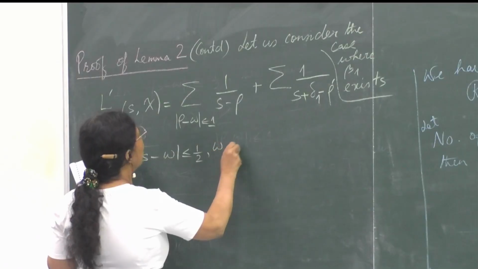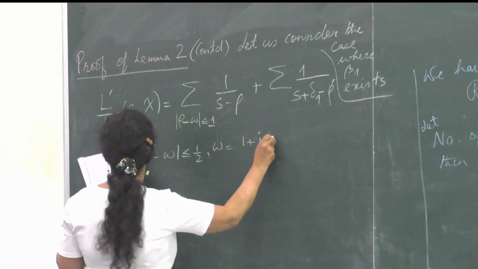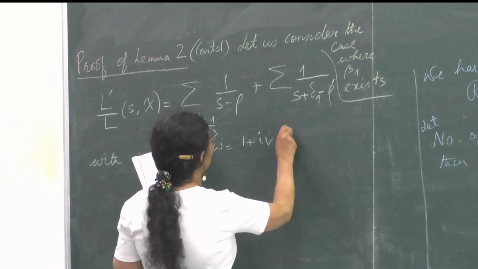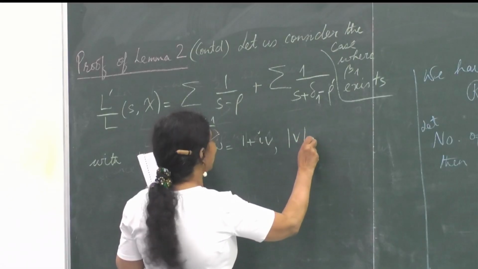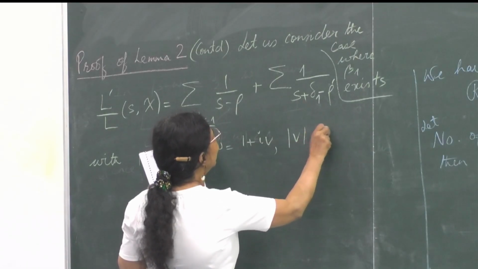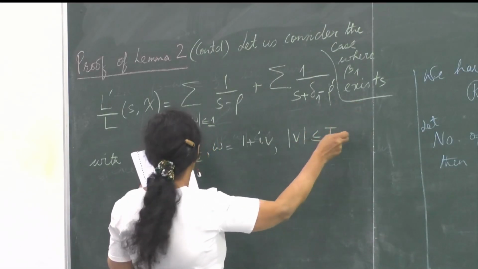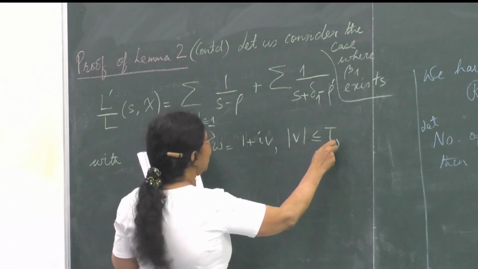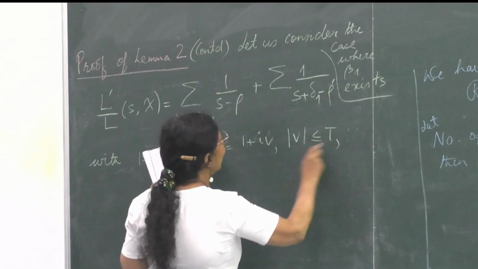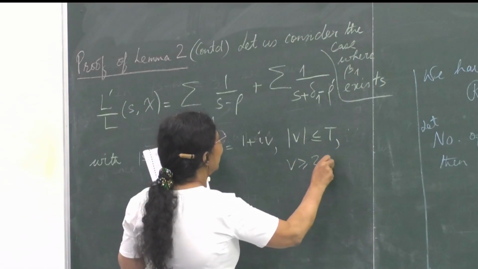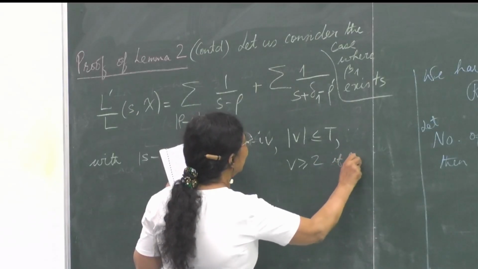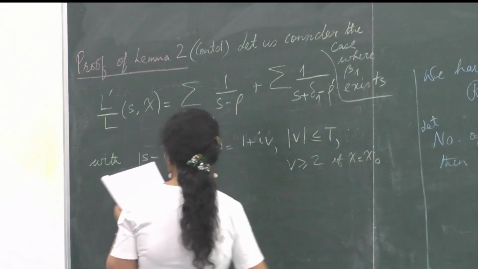W is 1 plus iV, and V is less than or equal to T. These are the conditions that we had in the beginning. V is greater than or equal to 2 in case chi is chi 0.